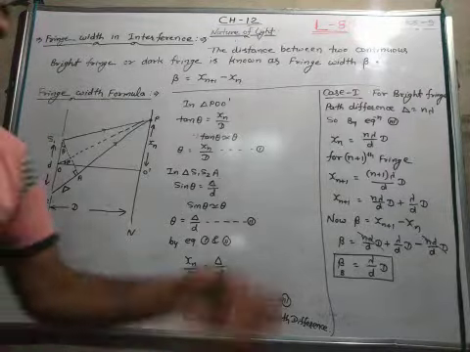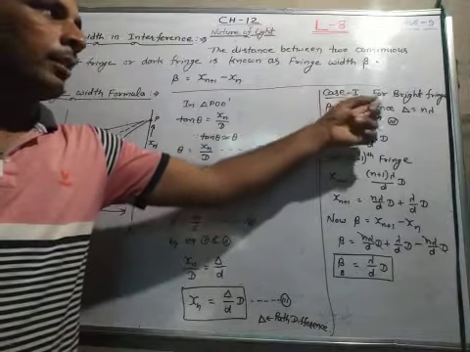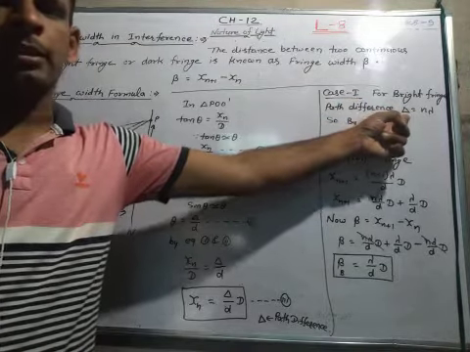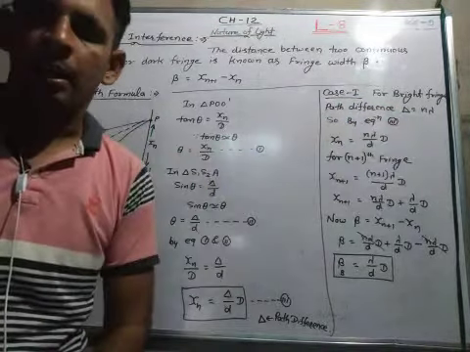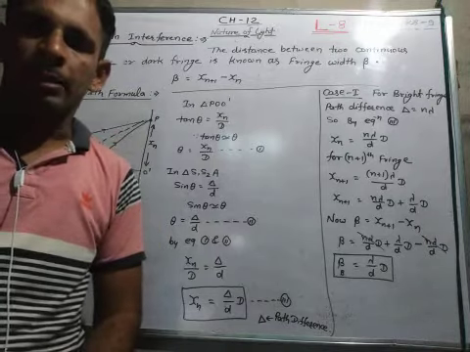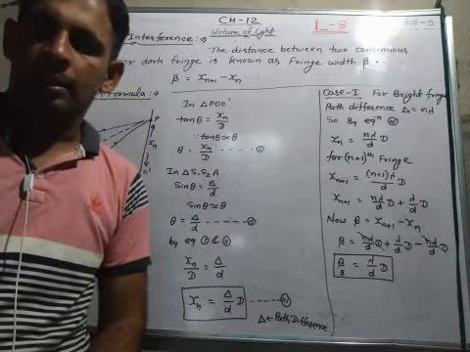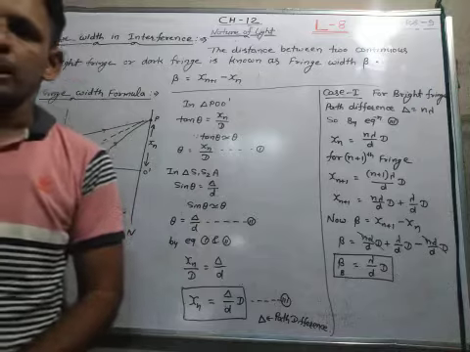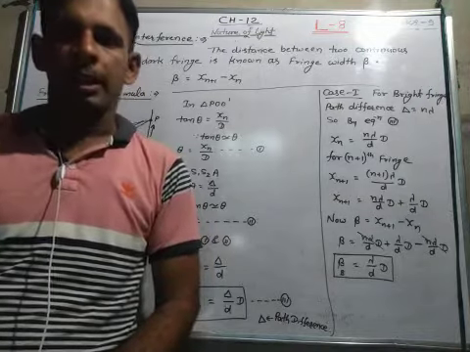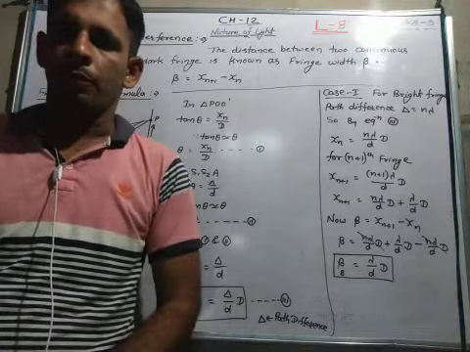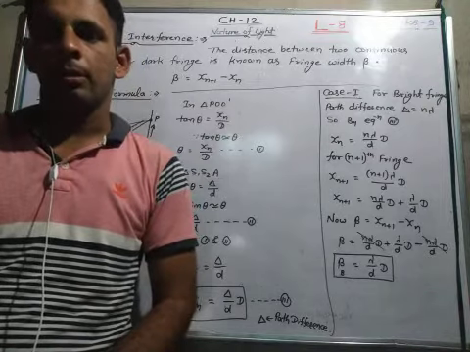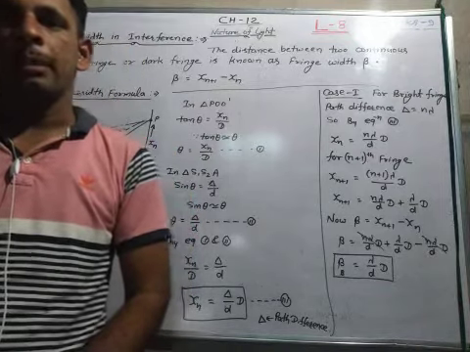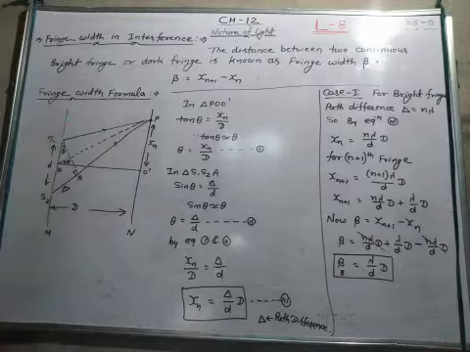In case first, path difference is n lambda, a complete multiple of wavelength, but in dark fringe we take an incomplete multiple of wavelength in case second. You can take a screenshot.